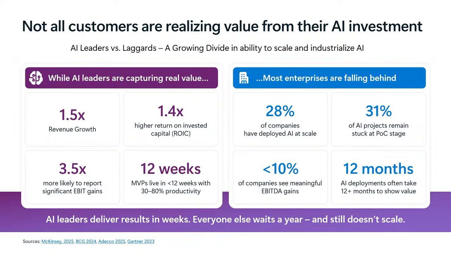And within 12 weeks, they start realizing return on investment on their efforts and the investments that they've made into AI for a particular use case. For companies that haven't figured out how to go to production with AI, they're taking up to 12 months. And 12 months is a long time, especially in the age of AI, for any company.